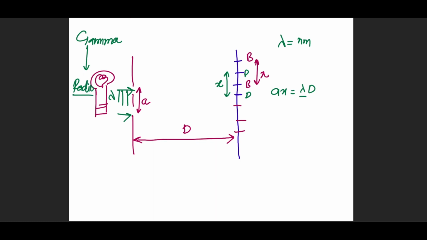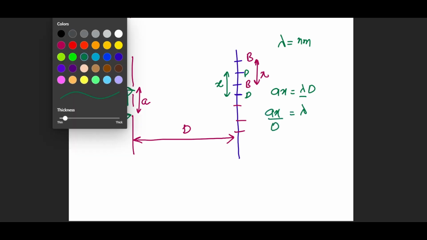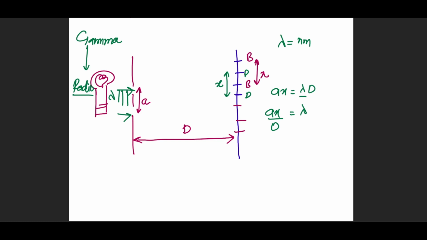So what happened in this situation? They made lambda the subject of the formula, and they land at this equation, which is lambda equals AX over D. Now, what is the purpose of this equation? A is generally in the range of millimeters. X is also generally in the range of millimeters. And D is generally in the range of centimeters to meters. All these measurements that I've just highlighted can be measured with a ruler.